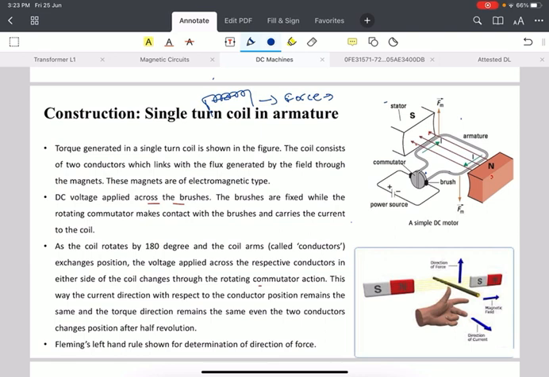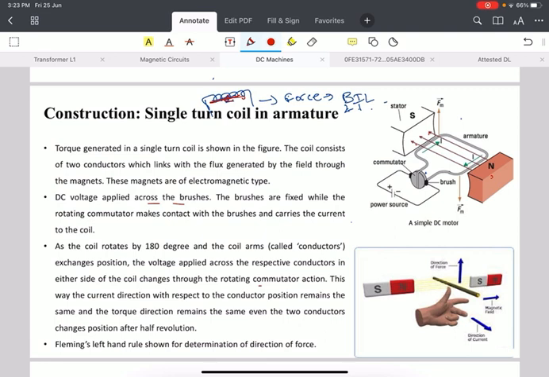This force will be equal to B I L sin theta, where theta is the angle, but if you neglect that, the force will be equal to B into I into L, where B is the magnetic flux density, I is the current in the conductor, and L is the length of the conductor. This is a current carrying conductor placed in a magnetic field. A DC machine operates on this principle.